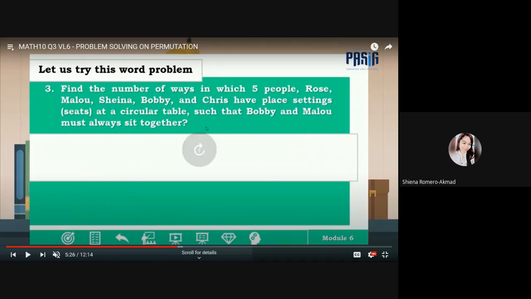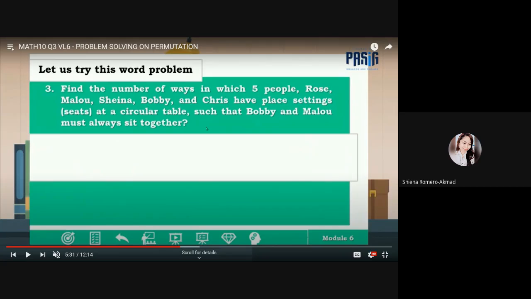Now, how about number 3? We have to find the number of ways in which 5 people, which are Rose, Malu, Sheena, Bobby, and Chris, have to be seated at a circular table such that Bobby and Malu must always sit together.